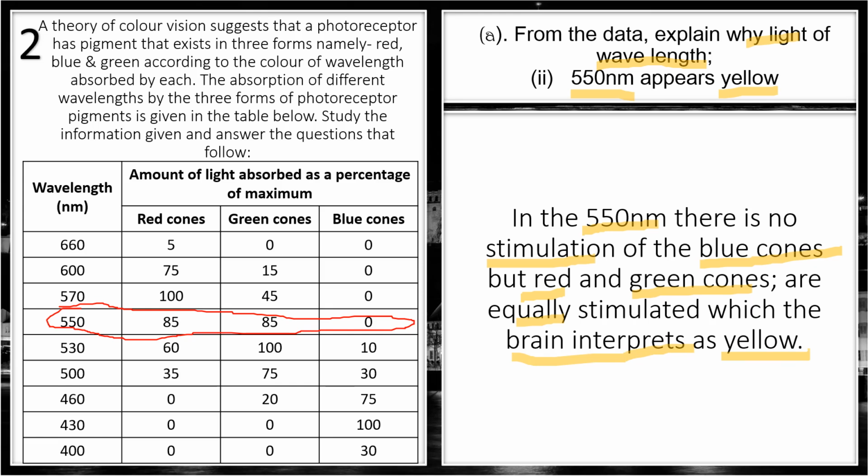No stimulation by the blue cones because there is no absorption of that light, and there is equal stimulation of the green and red cones. So the brain interprets that one as yellow.